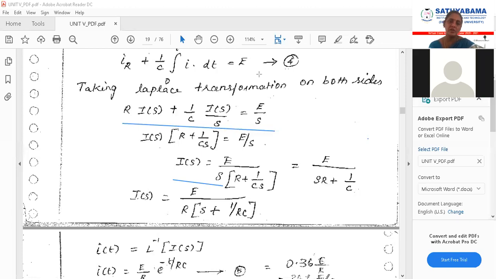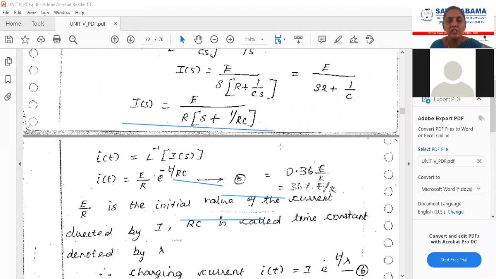I of S into R plus 1 by CS is equal to E by S. So I of S is equal to E by S into R plus 1 by SC. Now rearrange again. Pull the coefficient of S, R, outside, and you get I of S is equal to E by R into 1 by S plus 1 by RC. So we have now got the I of S value.